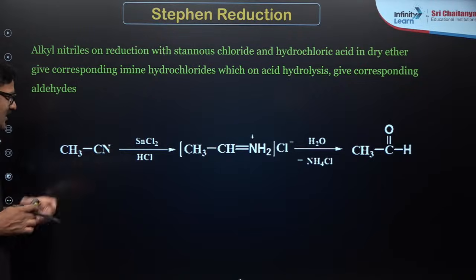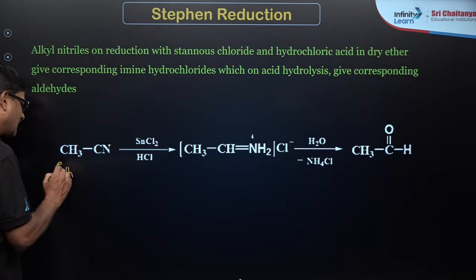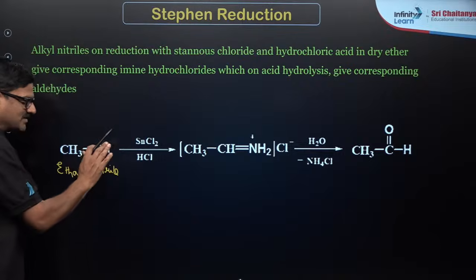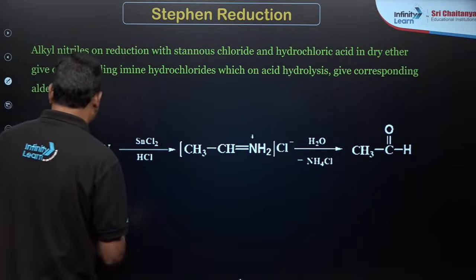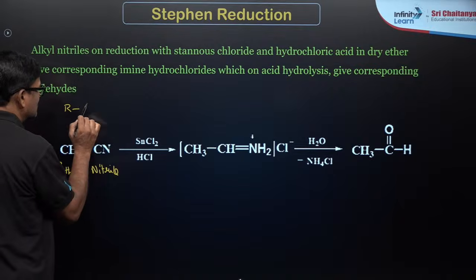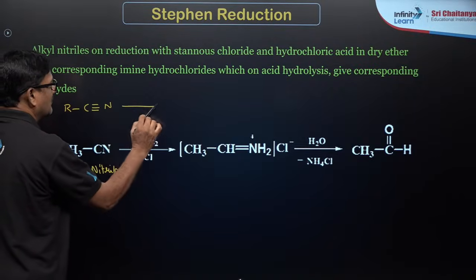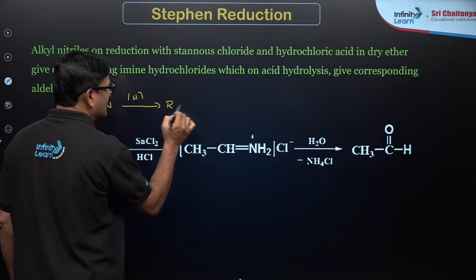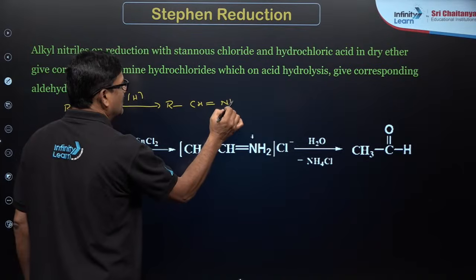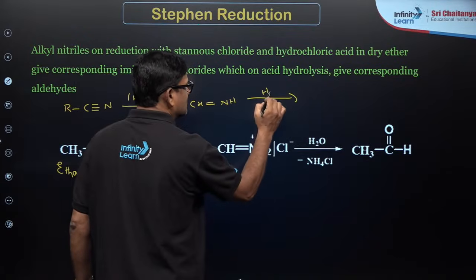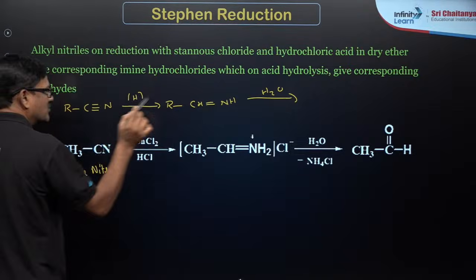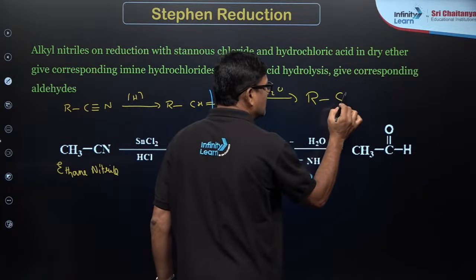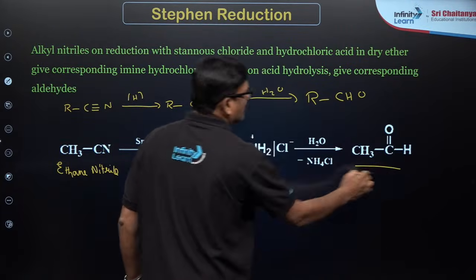So ethane nitrile, when treated with SnCl2 and HCl, R C triple bond N is subjected to reduction, simply hydrogen is added, giving R CH double bond NH, and on hydrolysis you have to break this and put oxygen there, CHO, aldehyde is formed.